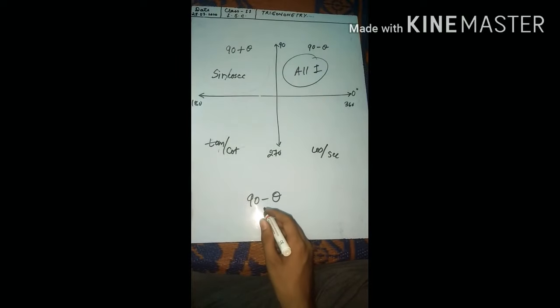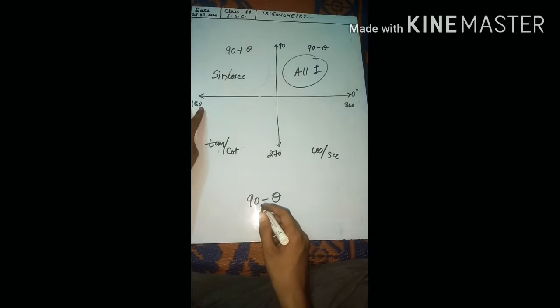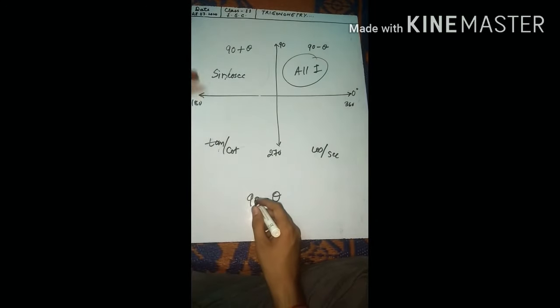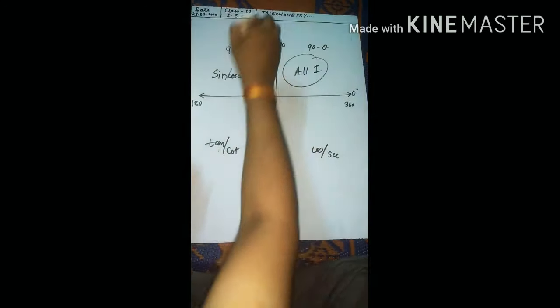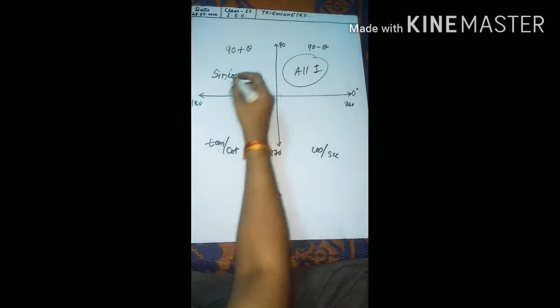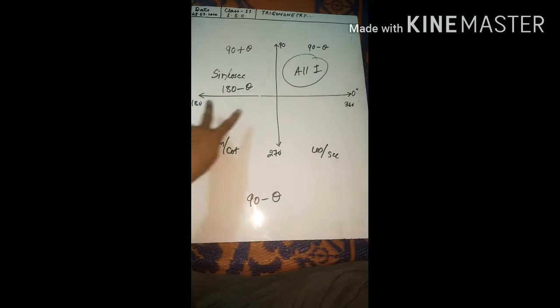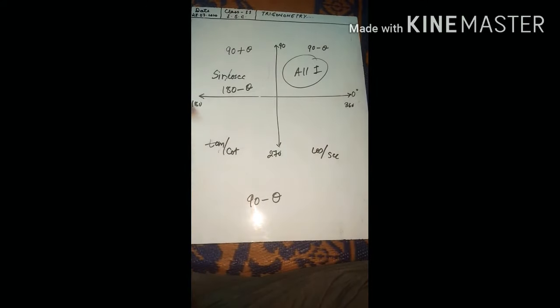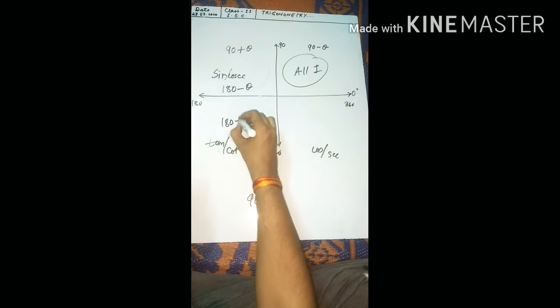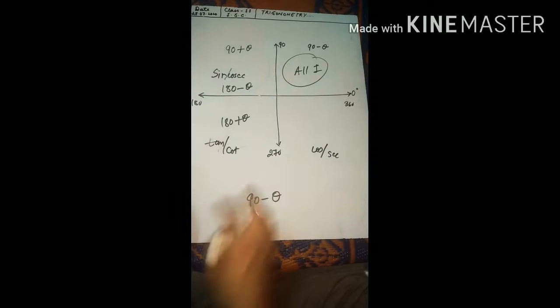All right. Now, if we talk about this 180 degree, this plane is 90 plus theta as well as 180 minus theta. Okay. And this quadrant is 180 plus theta.